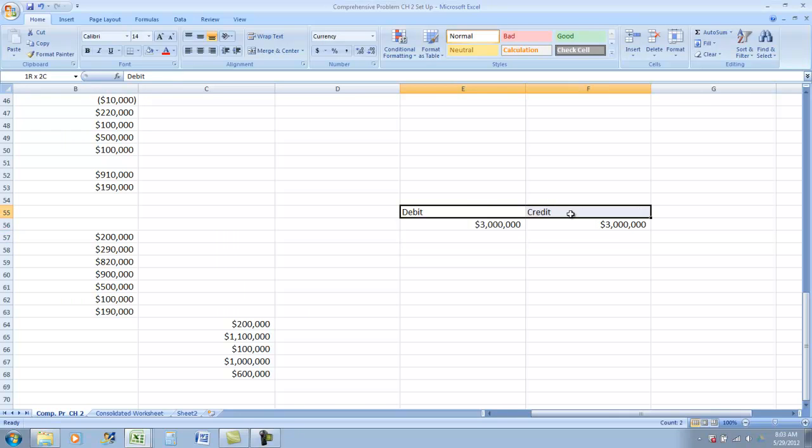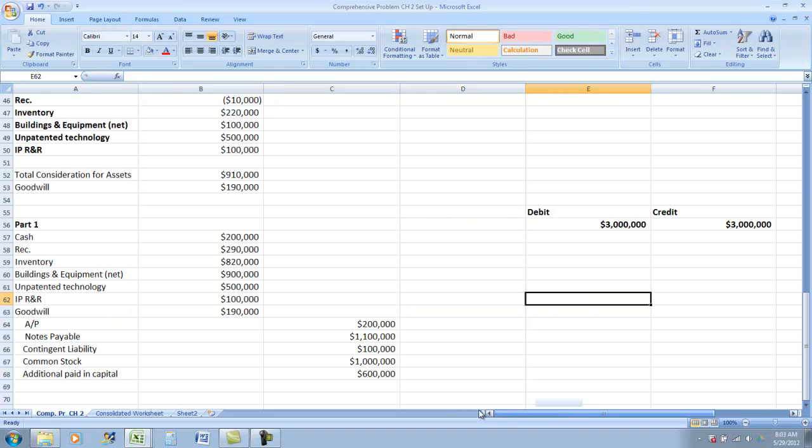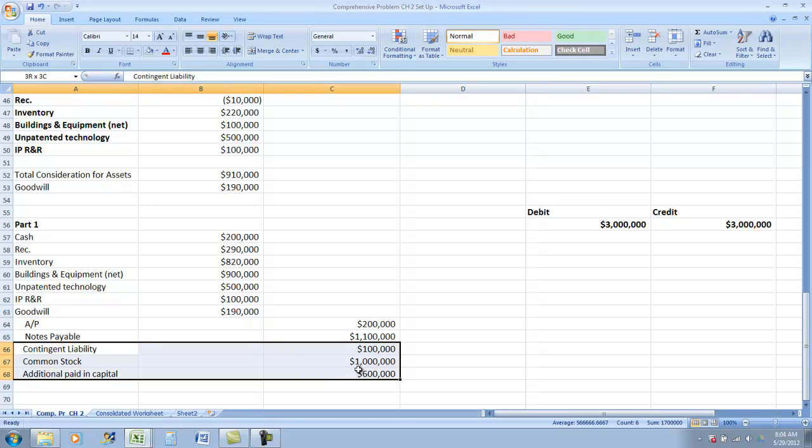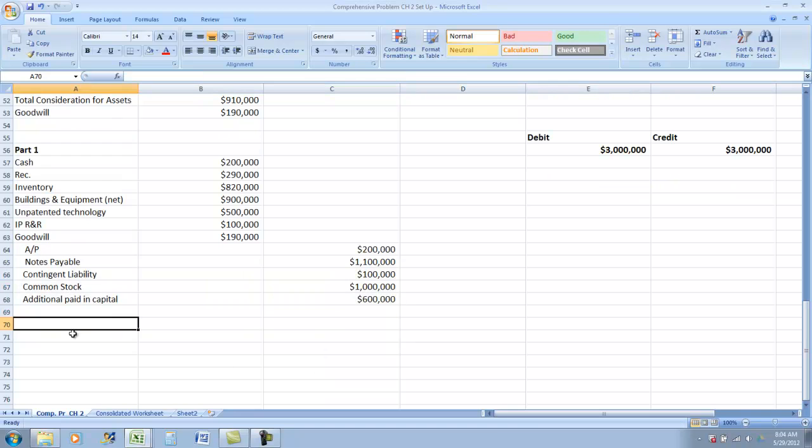And our debits and credits are equal, which is necessary to balance the equation. And we've accounted for all of their assets, as well as the goodwill on the purchase, as well as the purchase price, which is the contingent liability, common stock, and additional paid-in capital.